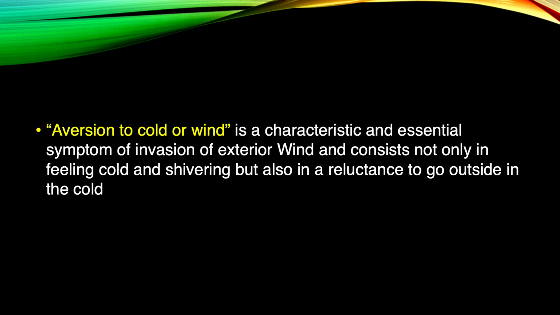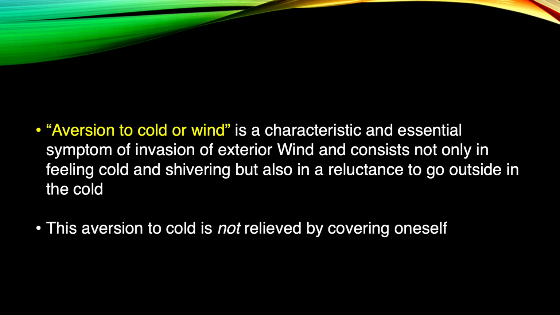Aversion to cold or wind is a characteristic and essential symptom of invasion of exterior wind, and consists not only in feeling cold and shivering, but also in a reluctance to go outside in the cold. This aversion to cold is not relieved by covering oneself.